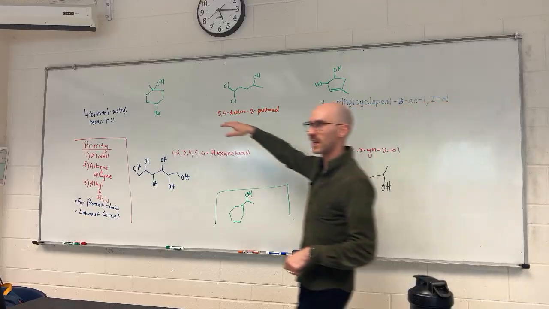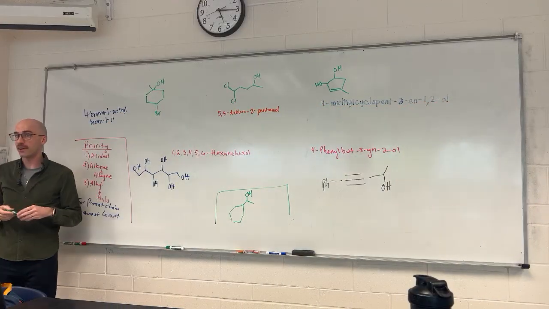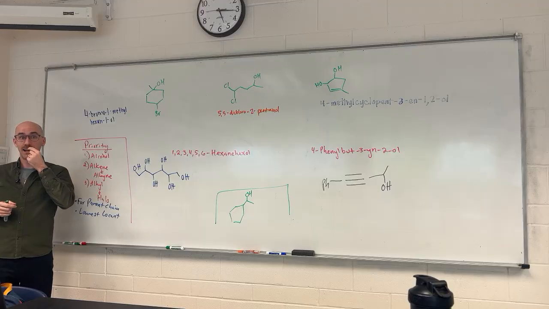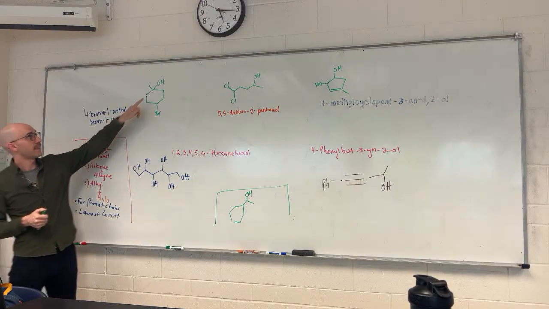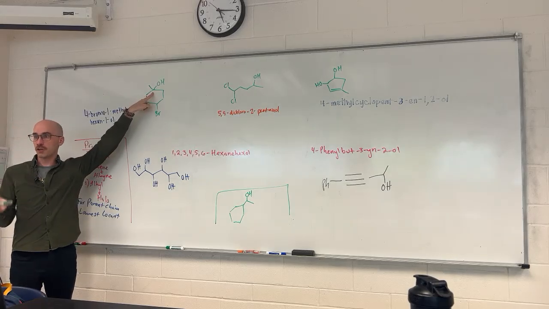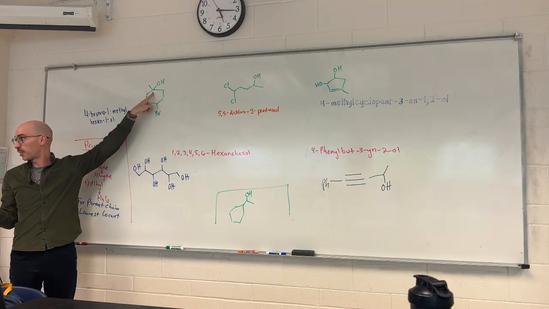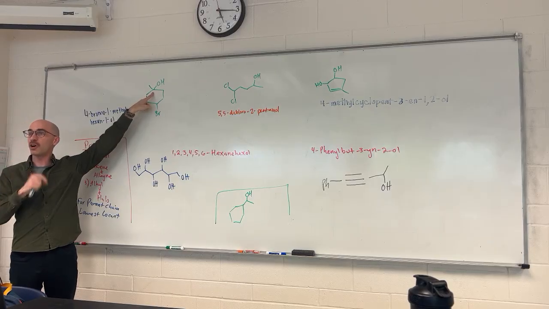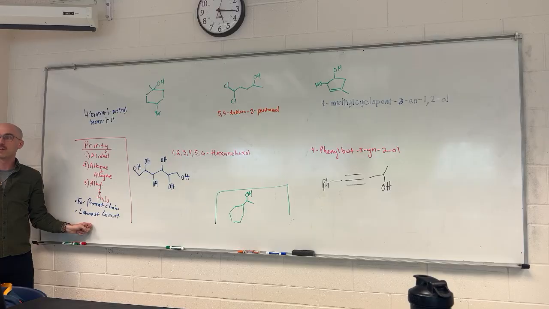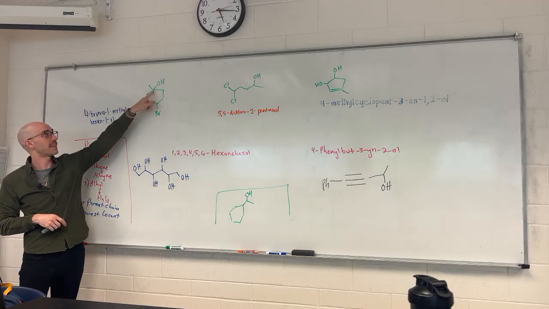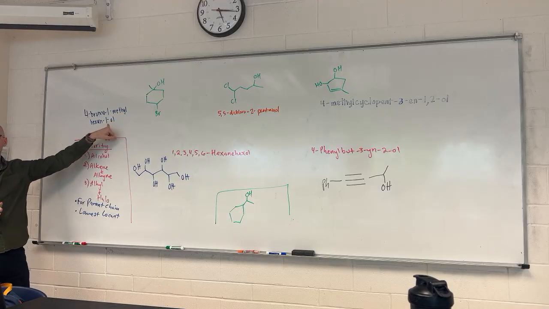All right, so with this top one, I can always start anywhere in a ring. I'll start in a ring where there's a substituent. In this case, I might be tempted to just start where there are 2 substituents, but that is not how you should approach it. You should start where the alcohol is, because I'm looking to give the lowest locant set to the alcohol. Coincidentally, that is where the most substituents are. So I start numbering so that the alcohol can have its lowest locant.